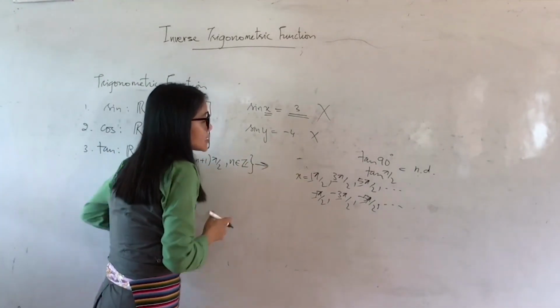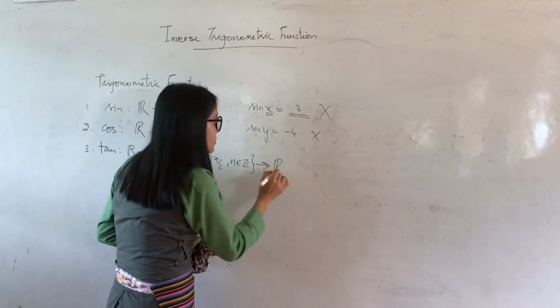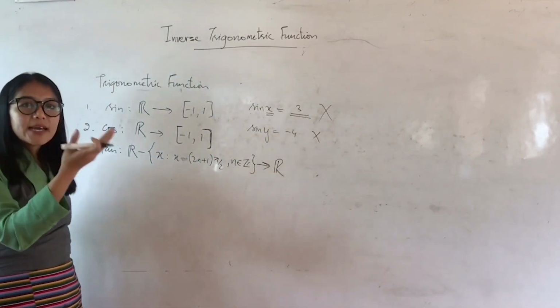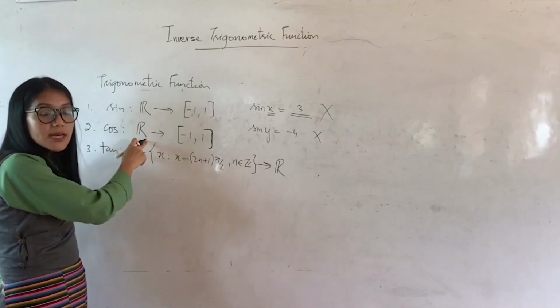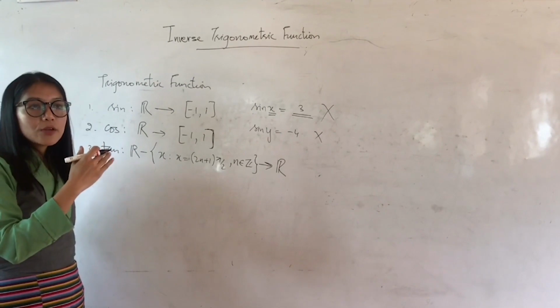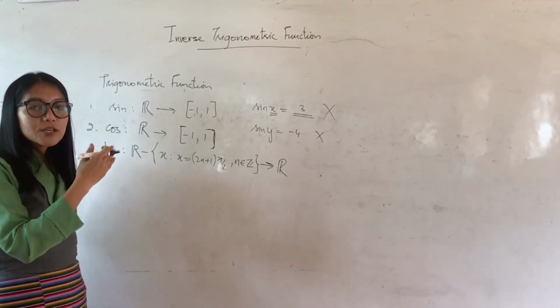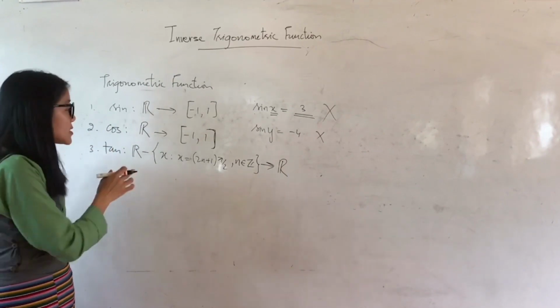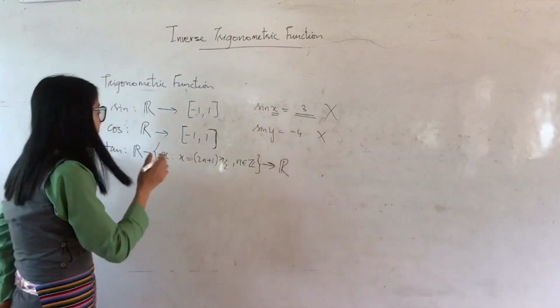And its range is the set of all real numbers. So tan can take any value, not like sine and cos. Sine and cos values are limited. The sine value and cos value cannot exceed positive 1. It cannot be less than negative 1. But as far as tan is concerned, it can take any real value, okay?